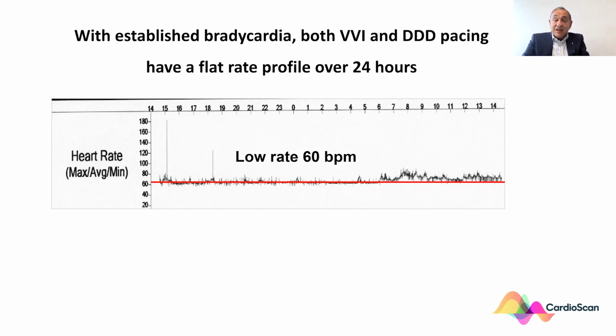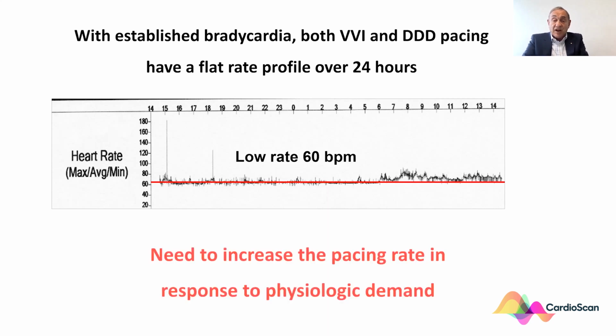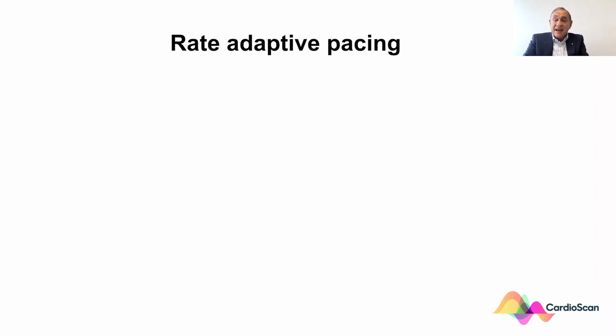Putting a pacemaker in such patients, therefore, leaves the rate at whatever you set it, at 60 or 70 beats per minute. And there is no change, therefore, with a physiologic response to exercise. So we need to increase the pacing rate in response to physiologic demand. This is called rate adaptive pacing.